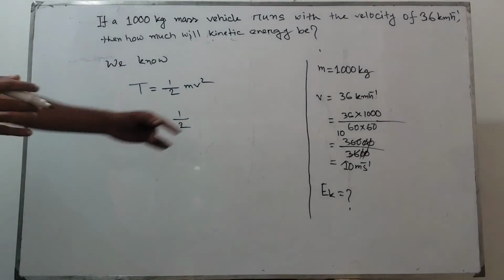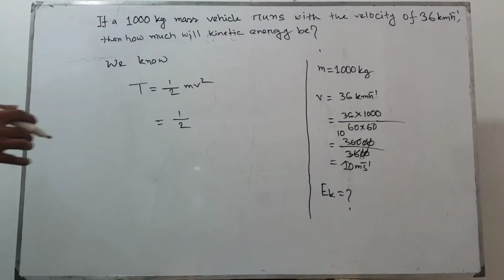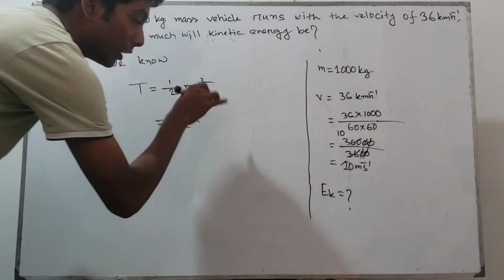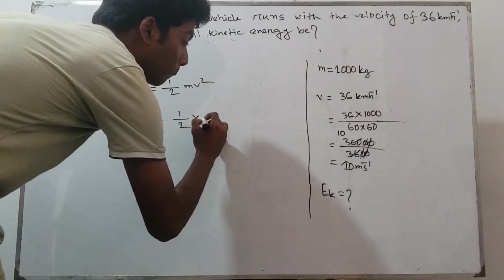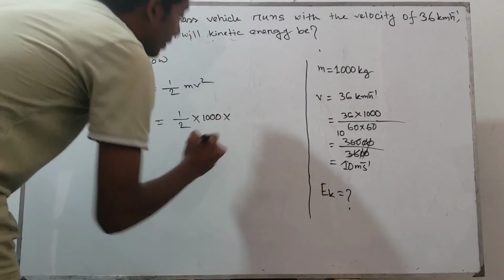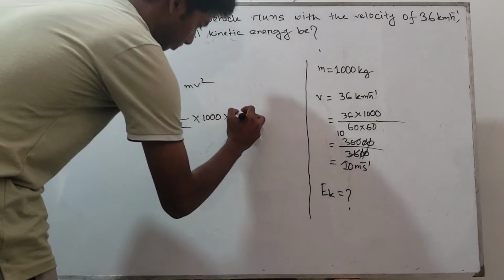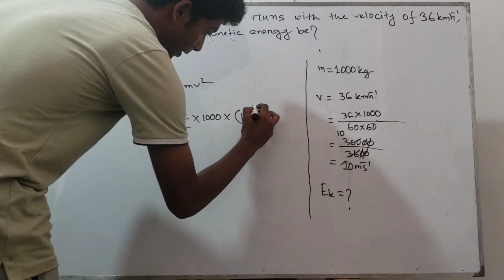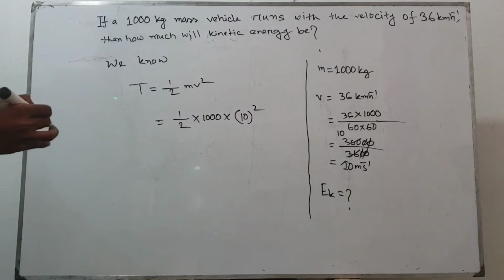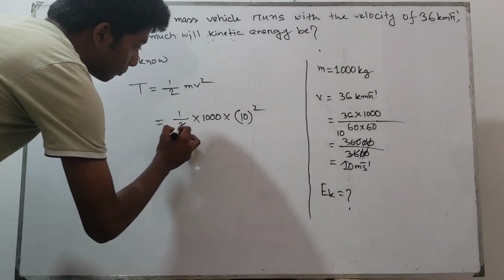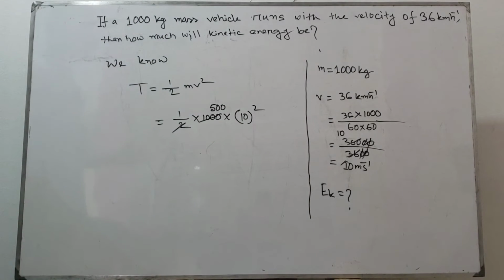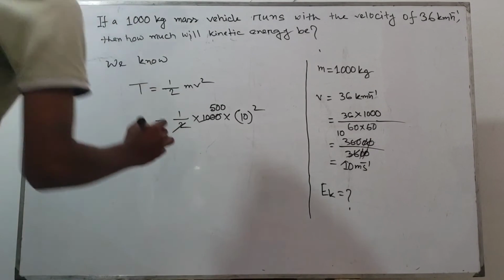Now we will place those values in the formula. m is 1000 and v is 10 square. This square is this. And if you cancel 1000, then you will get 500.